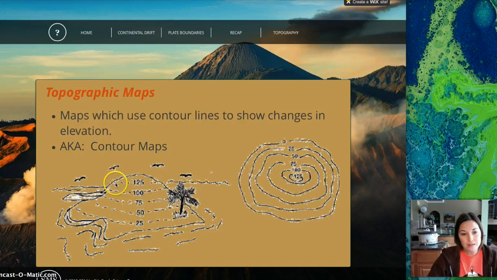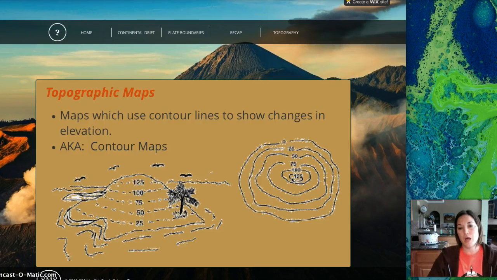Notice that this hill is higher than 25 feet, but you don't see another contour line over here on the topographic map because it is lower than 150 feet. So this last contour line here doesn't necessarily say that that is how high the elevation is. It can be higher than that. It just can't be higher than what the next contour line would be.